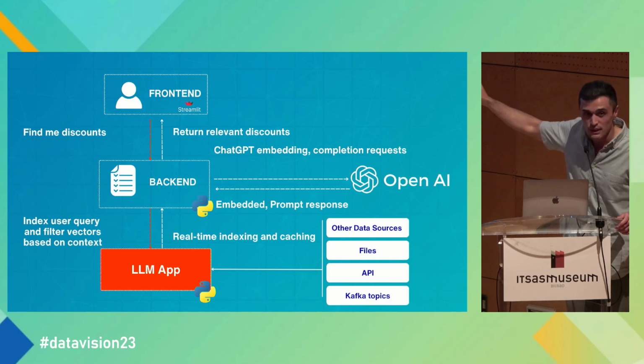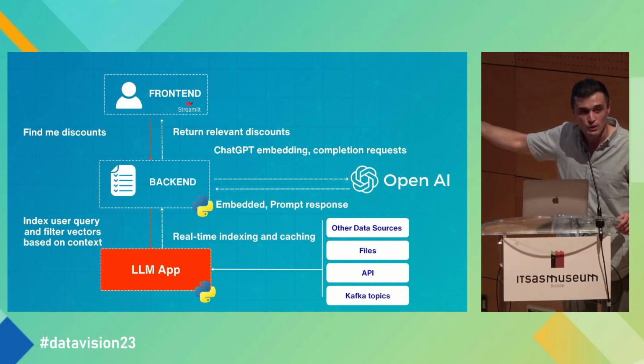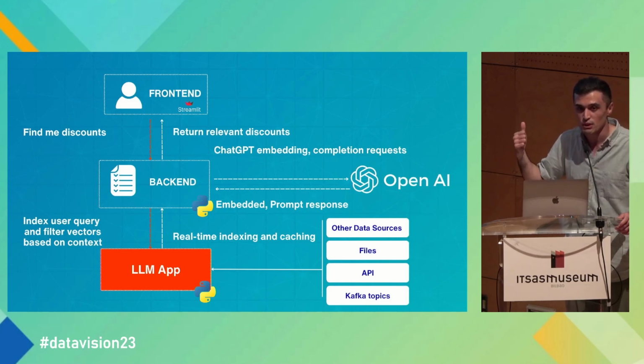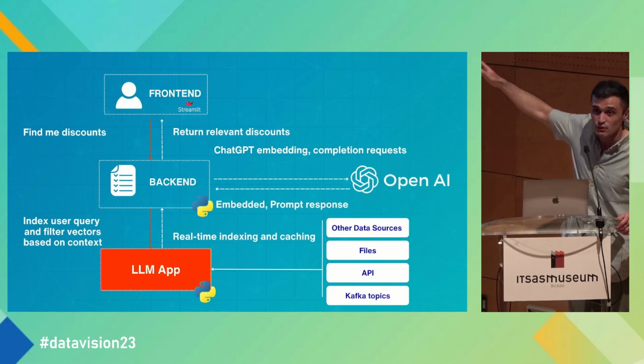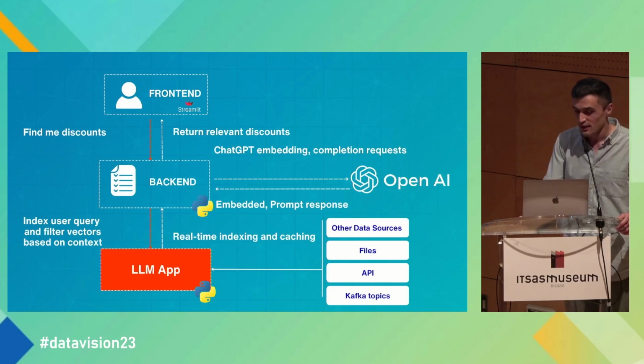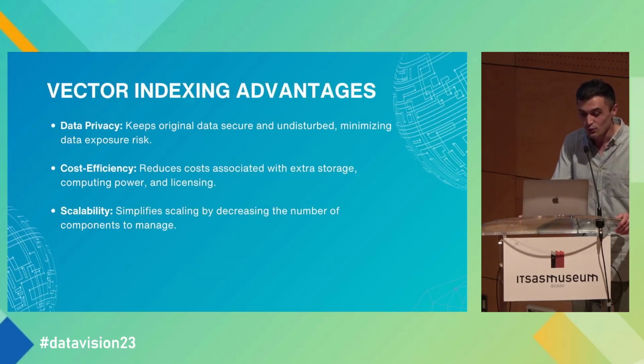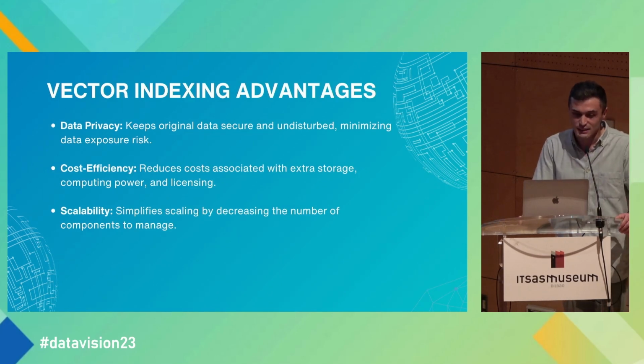Let's say I have an API called Rainforest that gives me Amazon data, and I am indexing it in real time. That GIF also demonstrated this, right? And then we are also integrating with OpenAI and with multiple language models. You can choose which models you want. So, and what does this vector indexing give us?